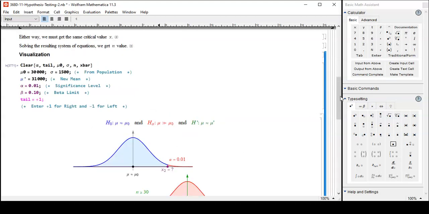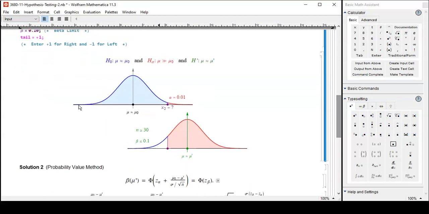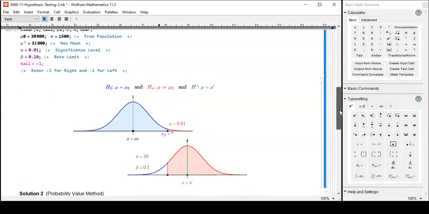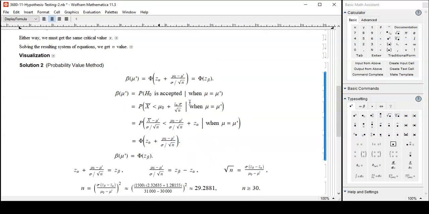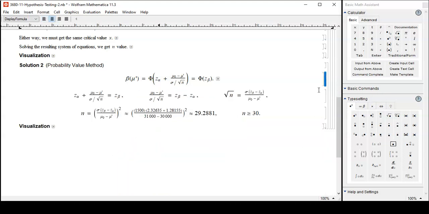So the normal CDF from here and the normal CDF from there, and set those two equal. And setting these two equal, you get equality of these z-scores. So from here you can solve for n and end up with the same answer as before.